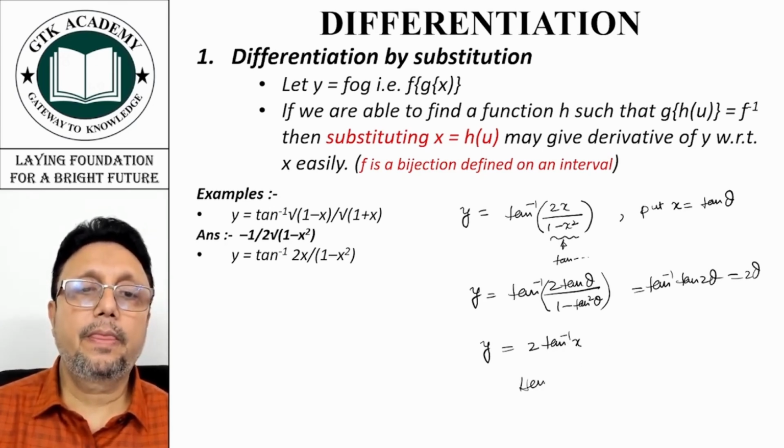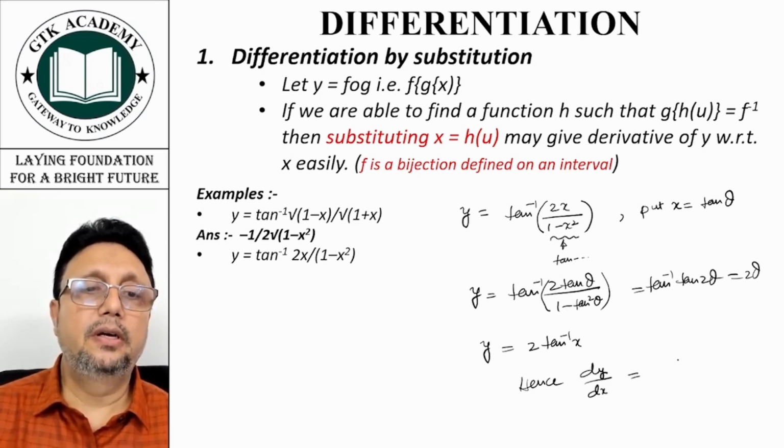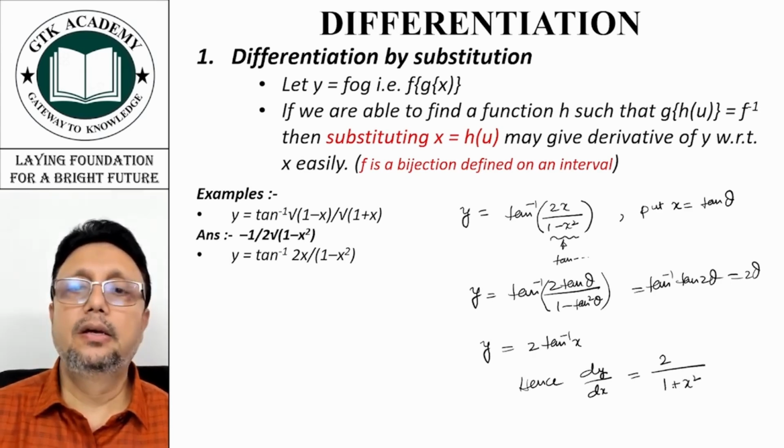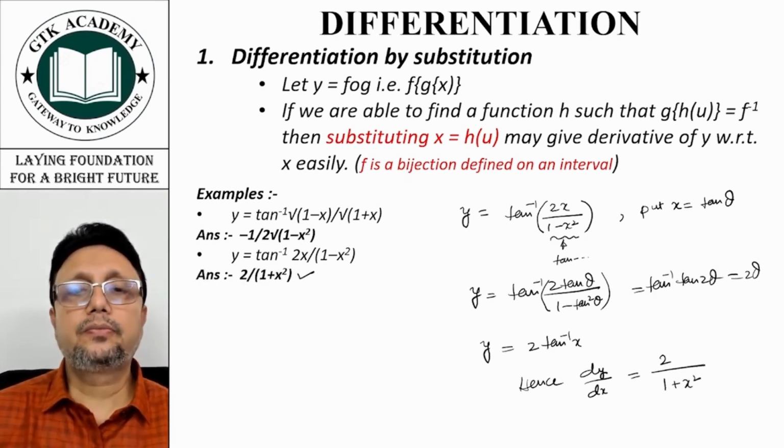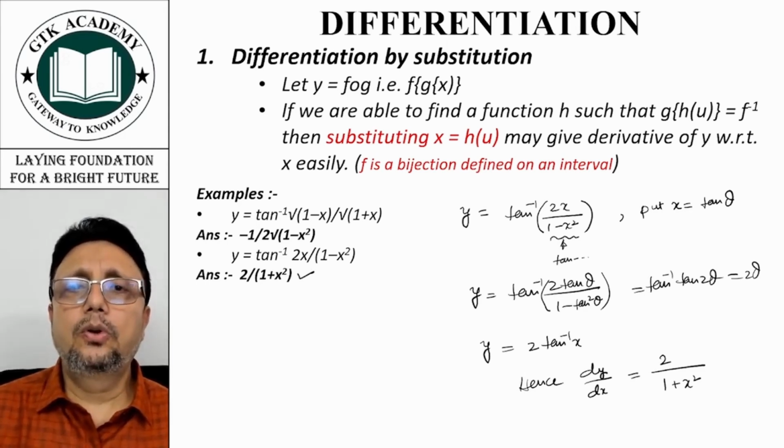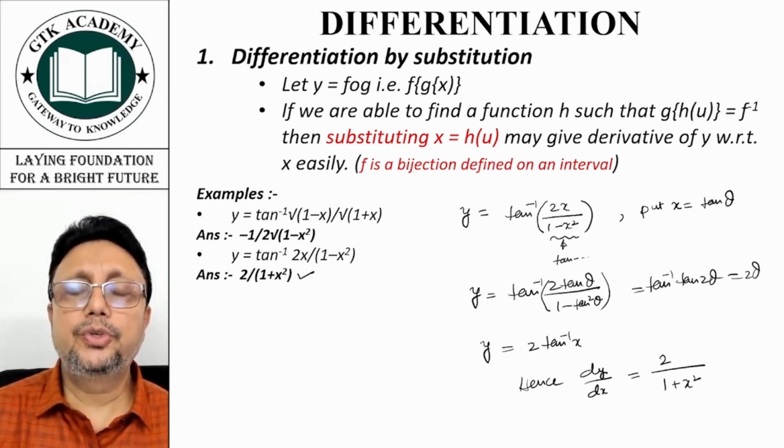Hence dy upon dx is equal to 2 upon 1 plus x square. Let's see what is the answer. 2 upon 1 plus x square. So I hope that you are clear with this method of substitution. The only challenge in this method is what to substitute.